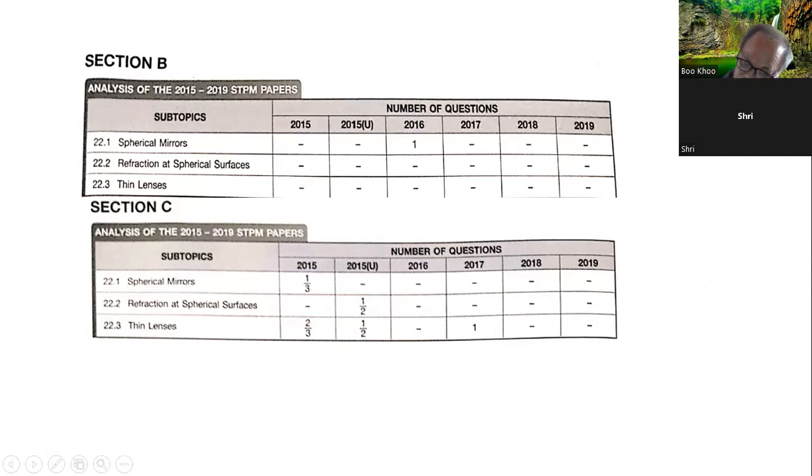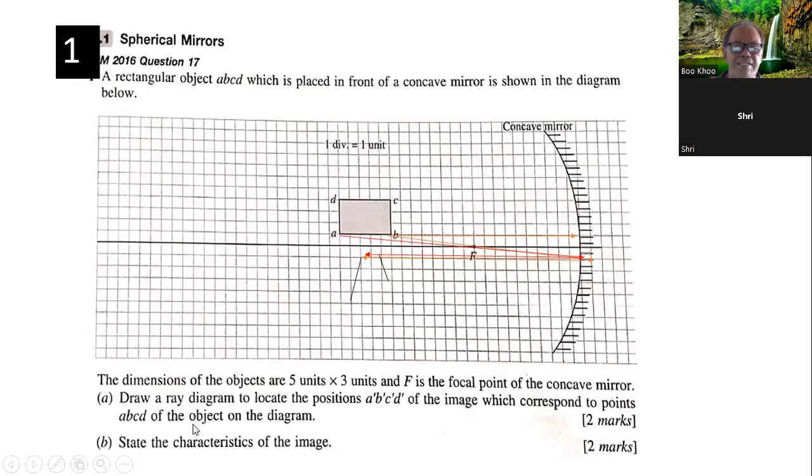You try to cover all of them if you can. This one is a bit tougher lah. But you have to show your ray diagram. I also got burned because I get a different answer. It's not easy.